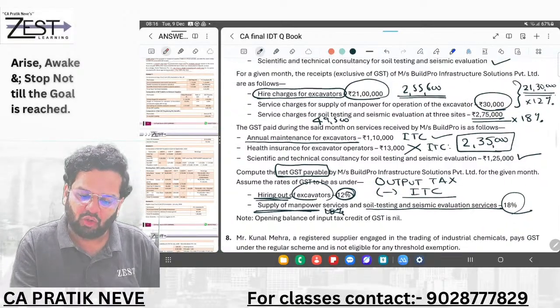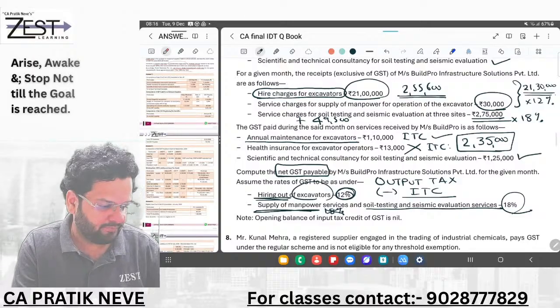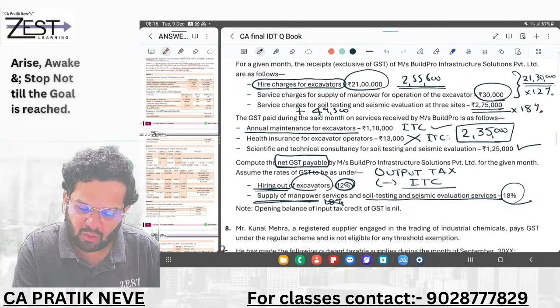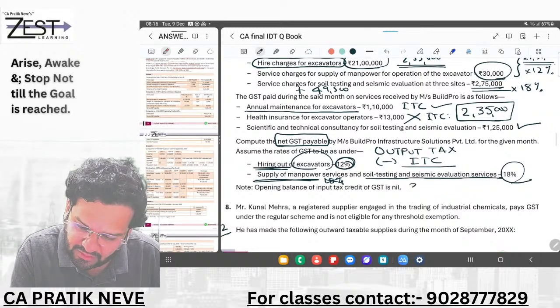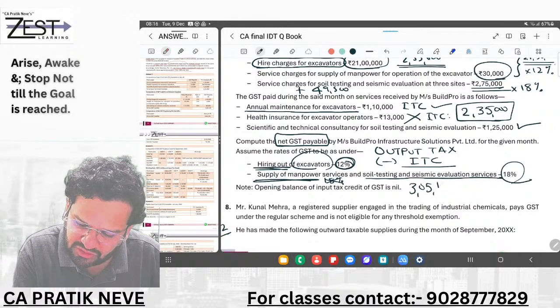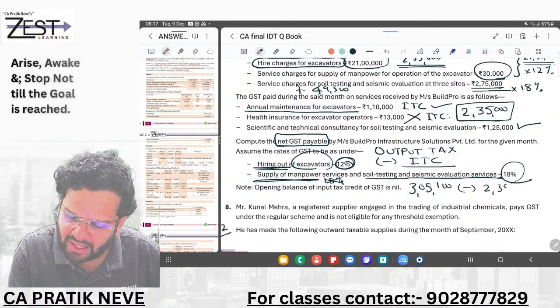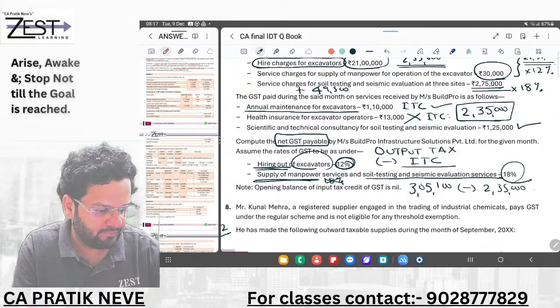Now total output tax is 255,600 plus 49,500. Total output tax is 3,05,100. From that you minus 2,35,000.